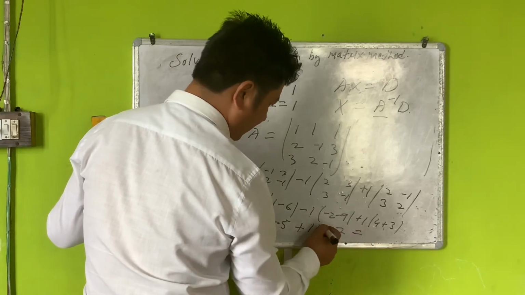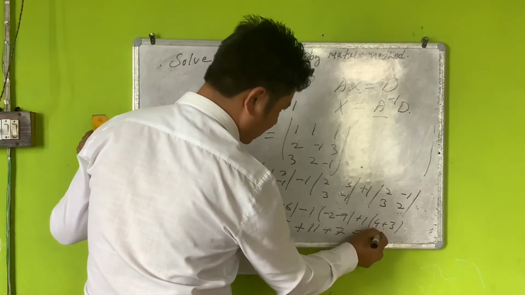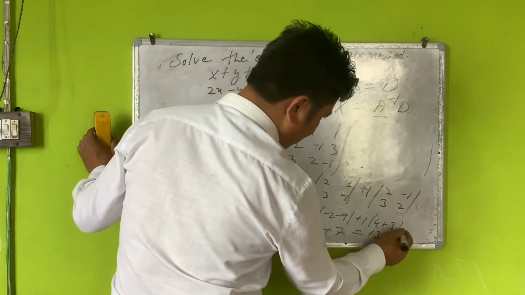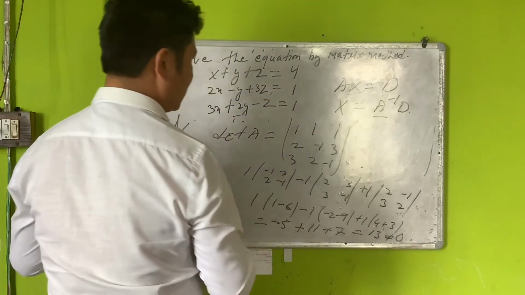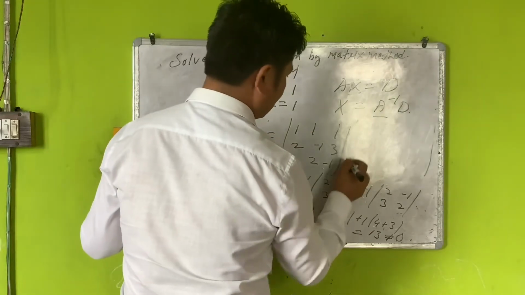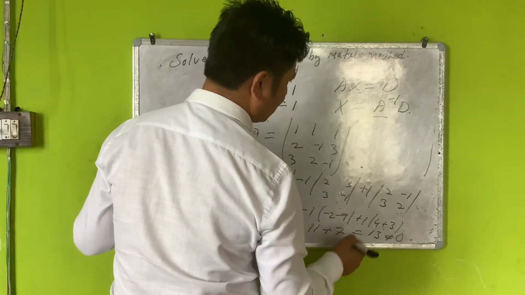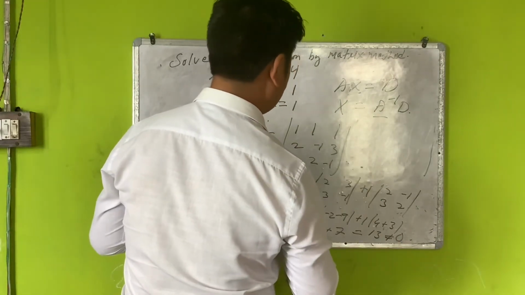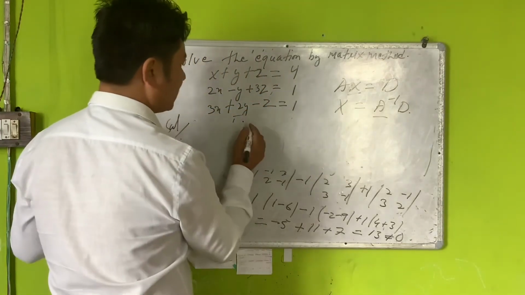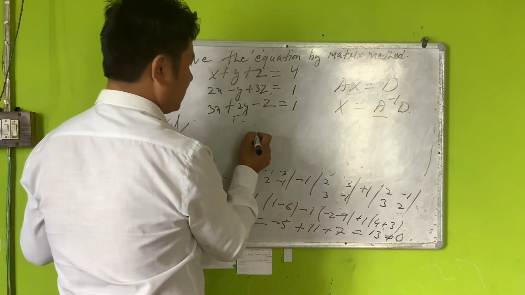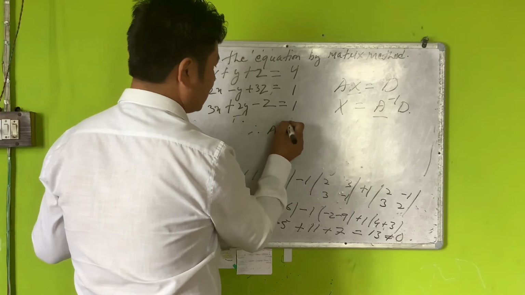So it will be 18 minus 5 is equal to 13, which is not equal to 0. So the determinant is 13, which is not equal to 0. That means A inverse exists.